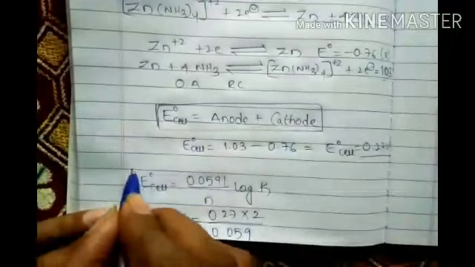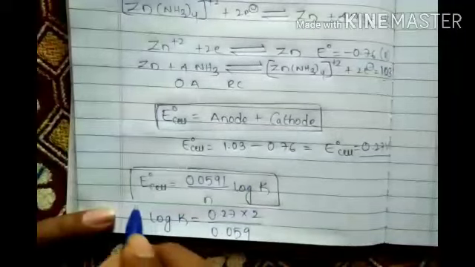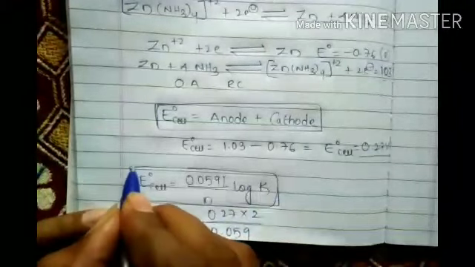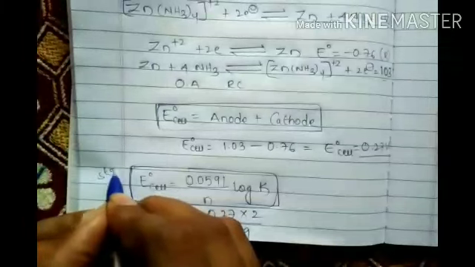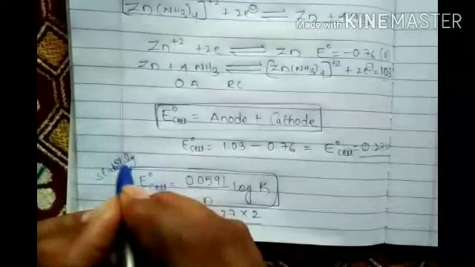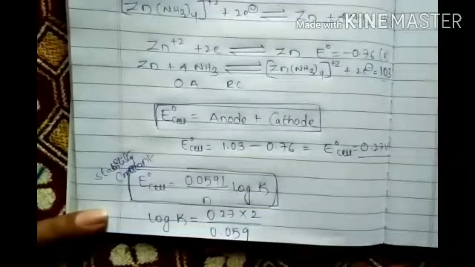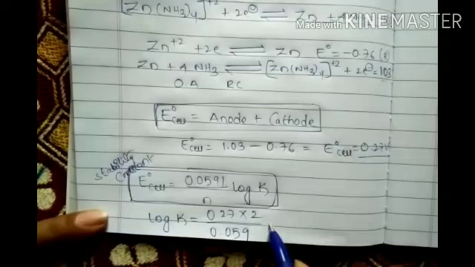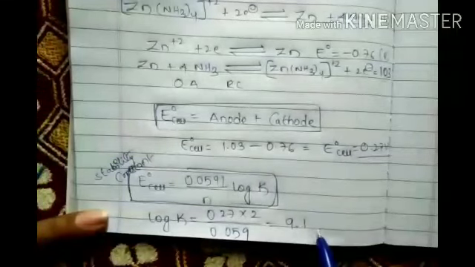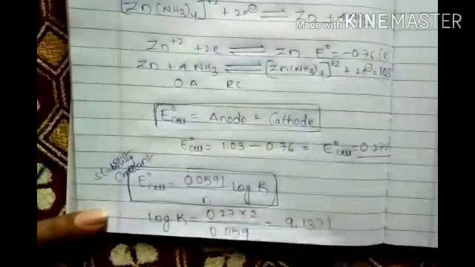Sorry, this is the formula, the stability constant formula. Okay, now finally we are getting log K as 9.1371.